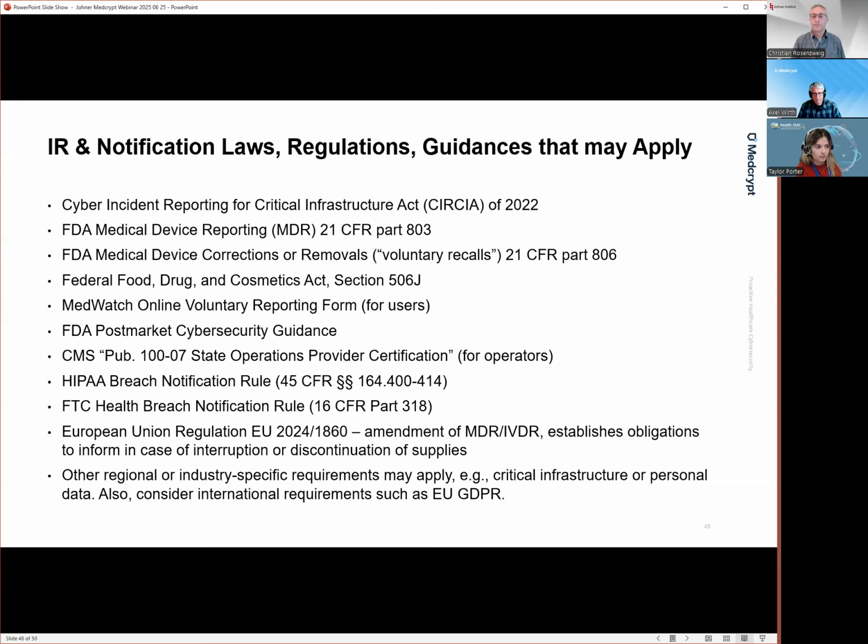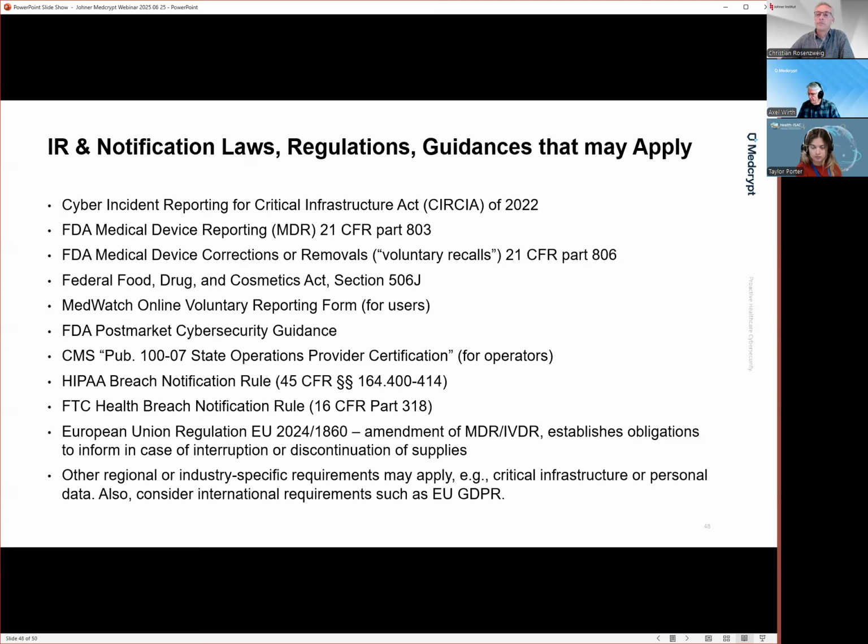Yeah, and here also in the appendix we have a summary of notification laws and regulations, right? Of course they are very different based on the type of incident. For example, if a patient database gets compromised and patient data gets exposed, then you have a situation governed by HIPAA here in the US and by GDPR in Europe.